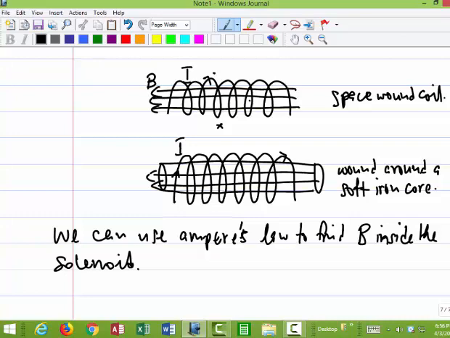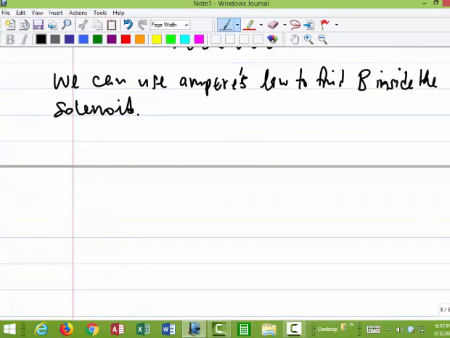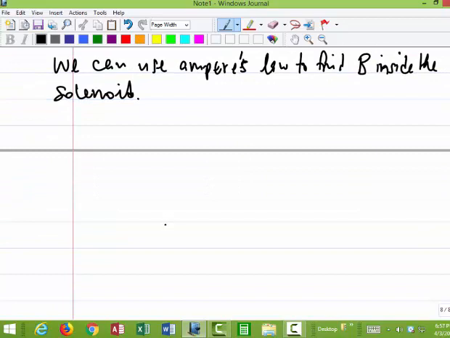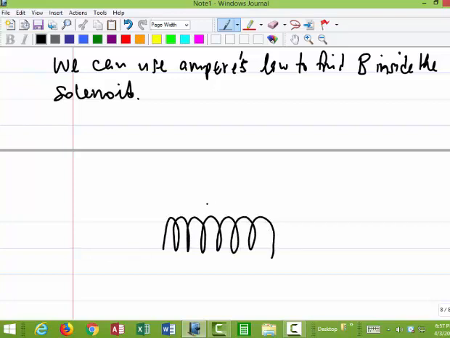So for Ampere's law in the solenoid, let's do it this way. I'll redraw the solenoid here. Let's just do the air wound solenoid. And since the field is this way, it's a uniform field in the solenoid.